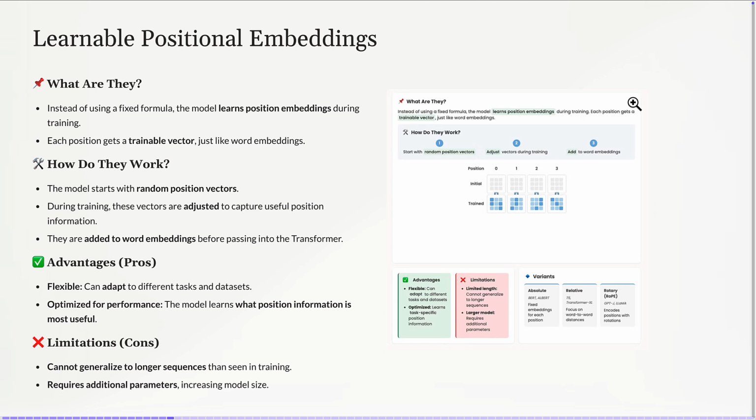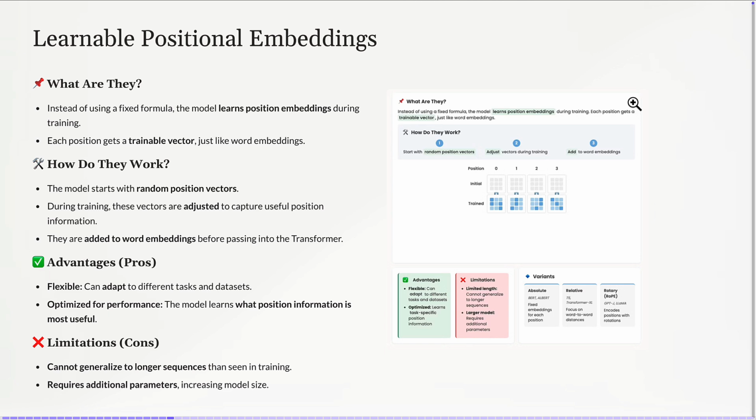So as already introduced, the learnable position embeddings learn position from the corpus, and each position gets a trainable vector. So we will have a tensor. We start from random values for the embedding vectors, and then they will adjust during the training, and finally they will be added to the word embedding.